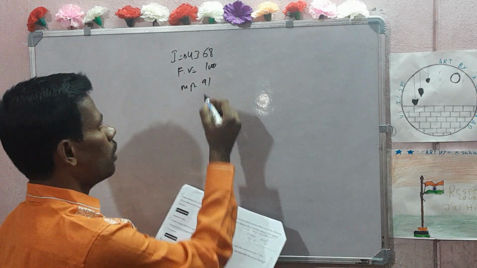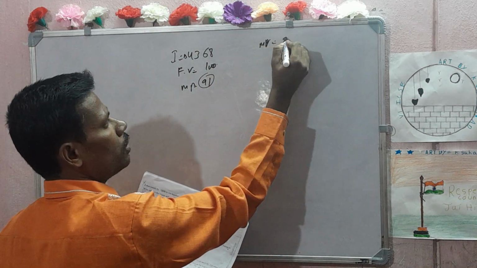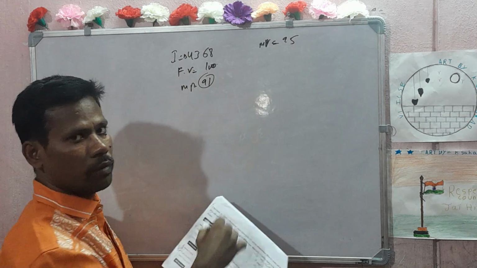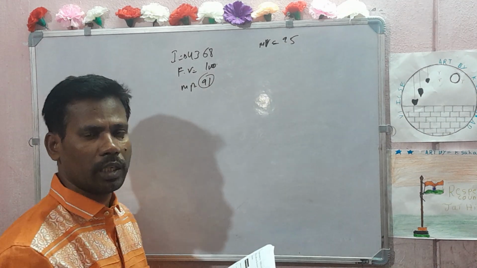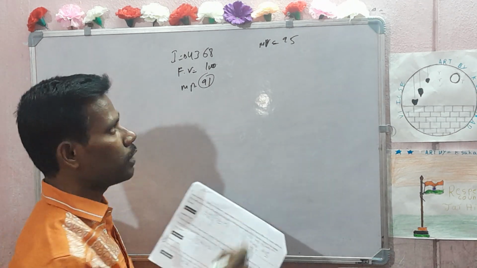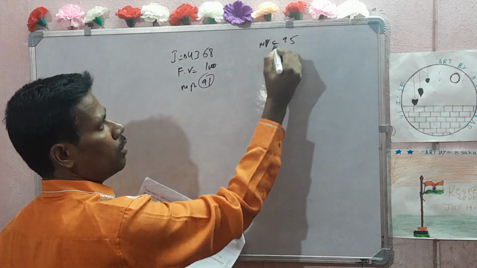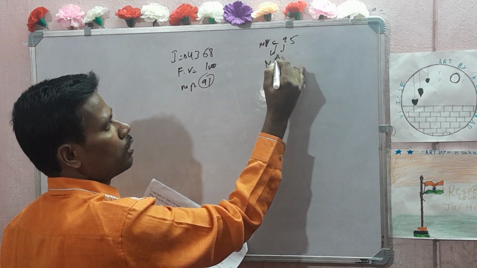Actually what was the market value? 91. Now the market value is 95. So he is very clever. When the market value is 95, he is selling some shares.